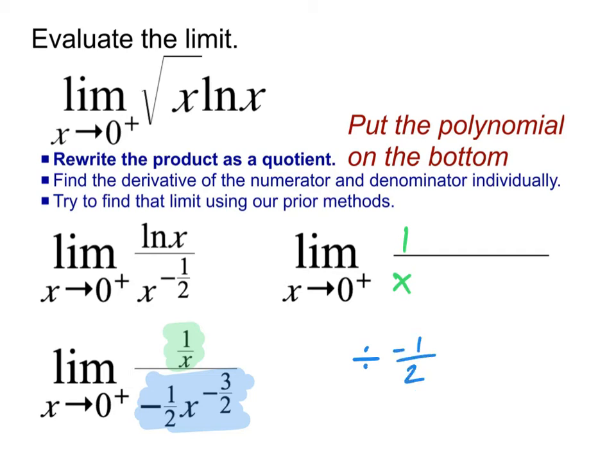Remember how to divide by fractions? To divide by a fraction, you multiply by its reciprocal. And so that tells you then that the 2 is going to be on the top, and that -1 is going to be on the bottom. And yes, technically we could have put the negative into either the top or the bottom, and we'll end up with the same answer. I just did it that way because it's a little bit easier to digest.